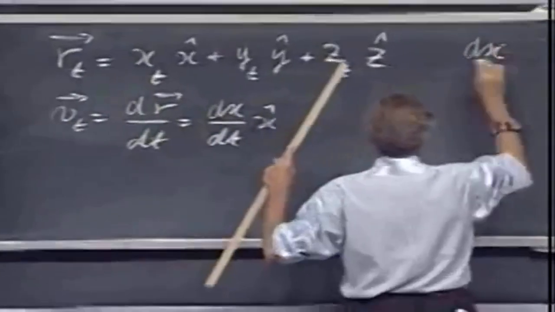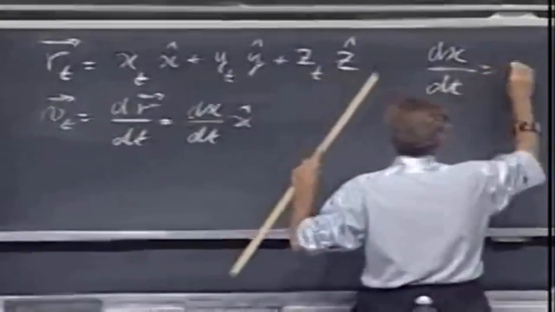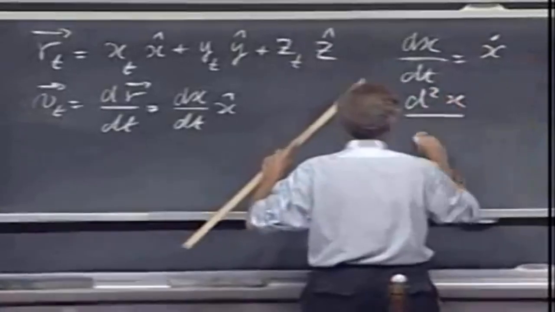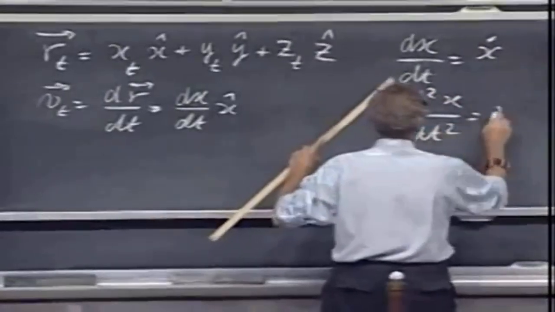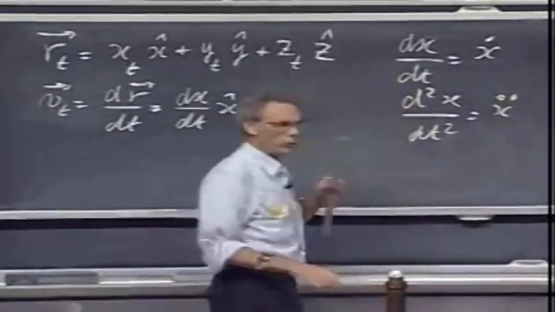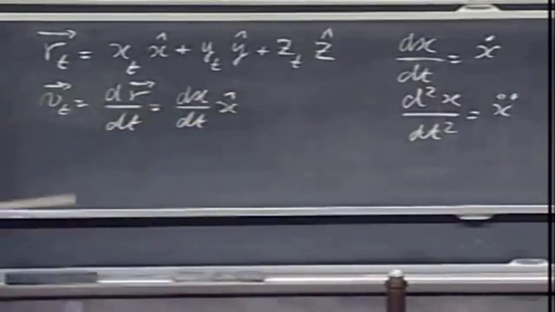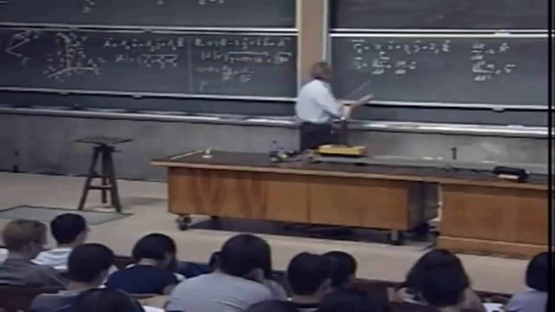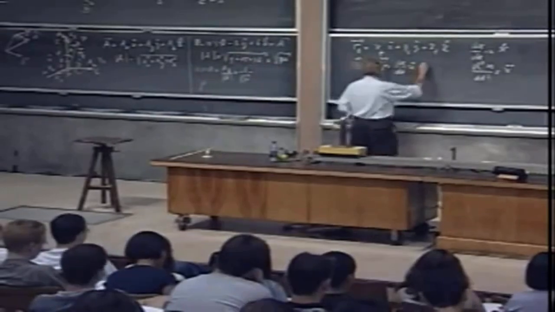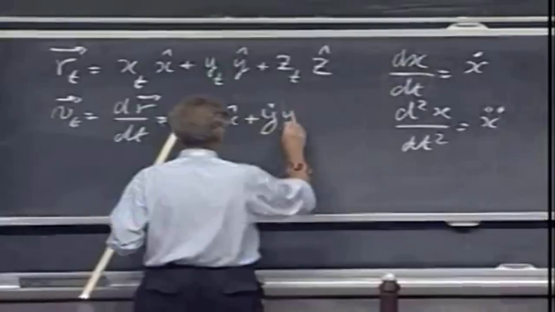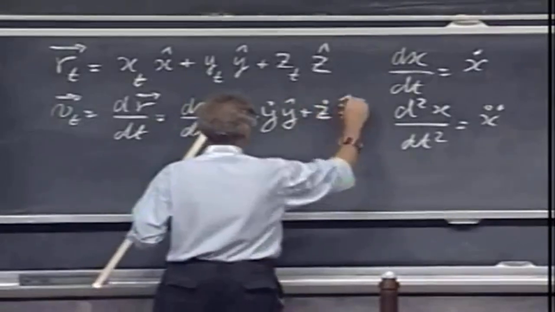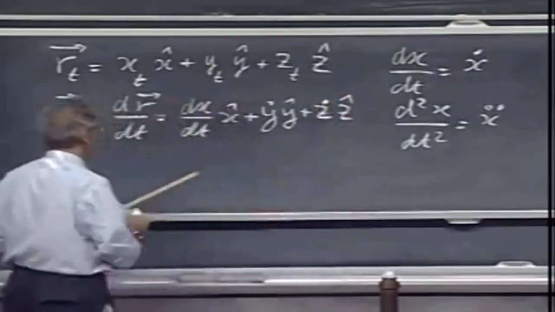I'm going to write for dx/dt x dot, because I'm lazy, and for d2x/dt squared x double dot. It's often done, but not in your book. But it's a notation that I will often use, because otherwise the equations look so clumsy. Plus y dot times y roof plus z dot times z roof. So z dot is dz/dt.